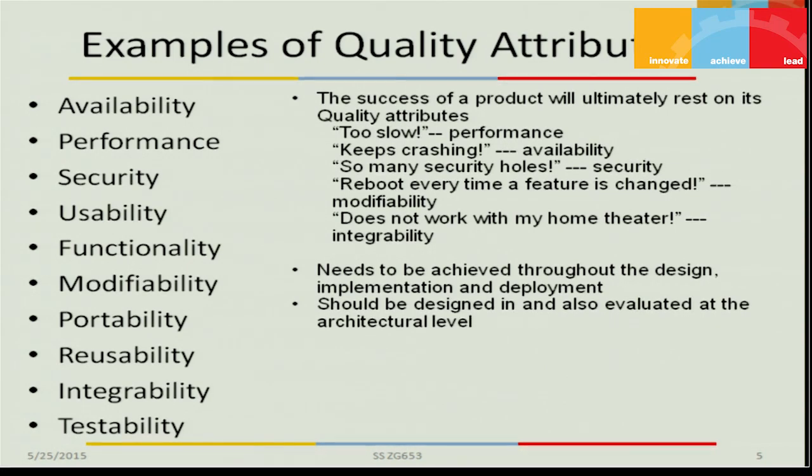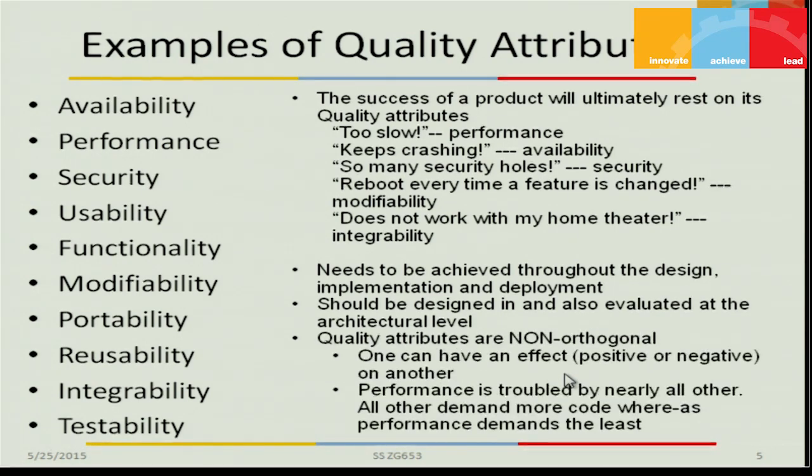You just can't do it at the level of architecture and then say I'm done with. Quality attributes must be handled throughout architecture, design, implementation and deployment. And they should be designed in and also evaluated at the architectural level. At the architectural level, you must recognize what quality attributes you need to consider and evaluate whether they're feasible or not.